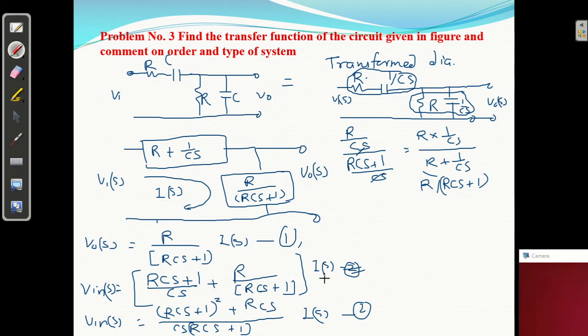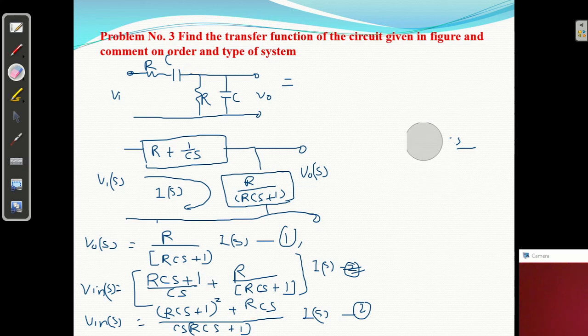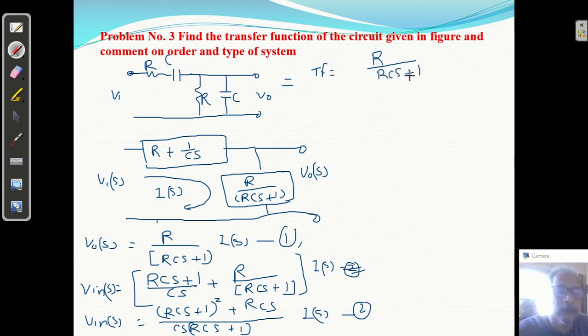Okay, so if you simplify, you will get, so I am rubbing it, 1 upon 2, what will come? Transfer function equal to this V out upon V in, I of S will be cancelled. So this is what? R upon RCS plus 1, R upon RCS plus 1 upon this.